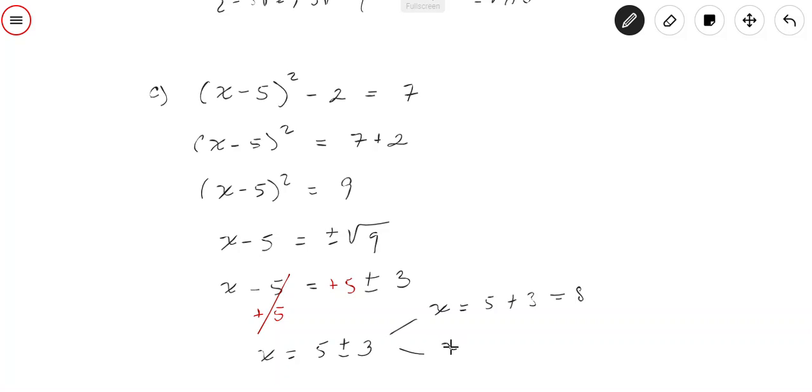Another solution is x equals 5 minus 3, which is 2. So in this case, my equation has two solutions, which are 2 and 8. 2 and 8. Okay?